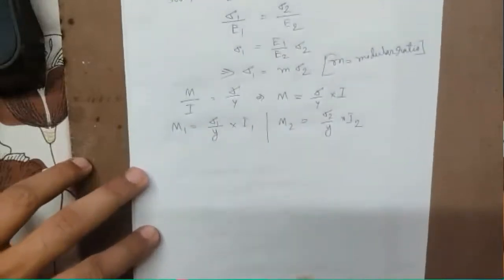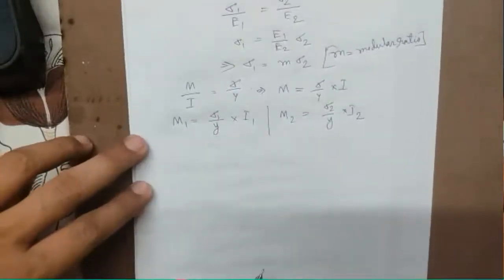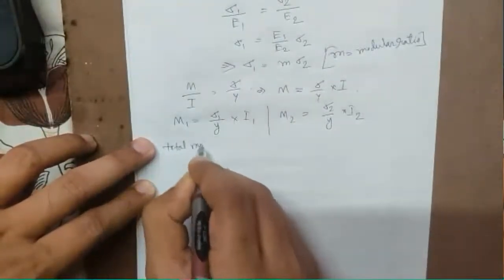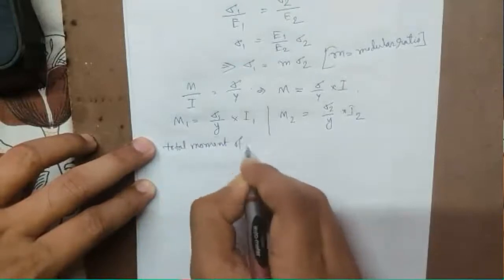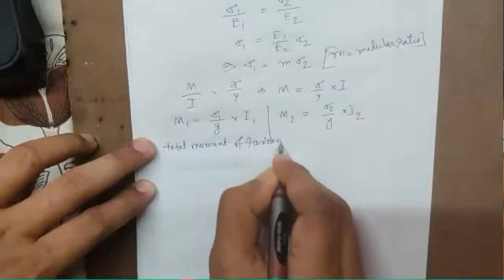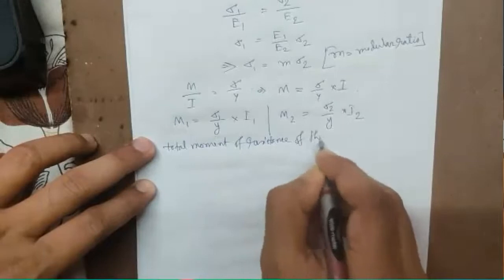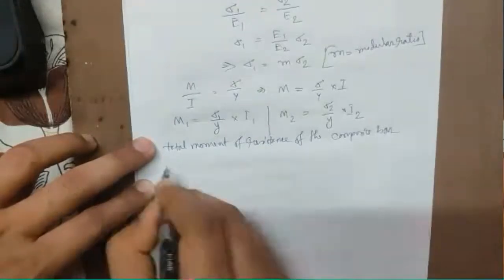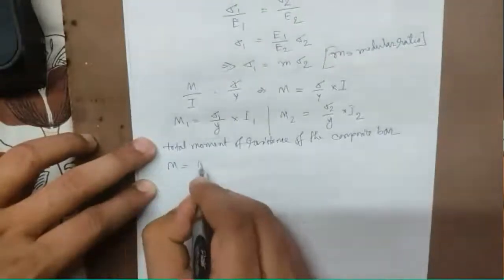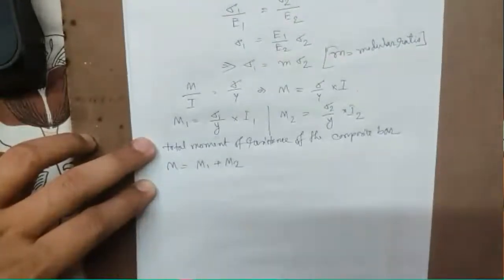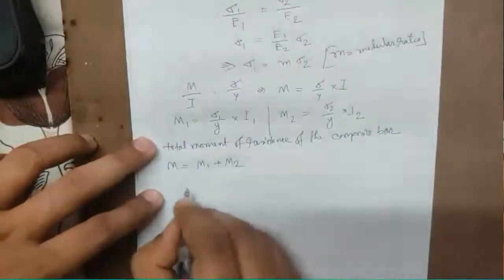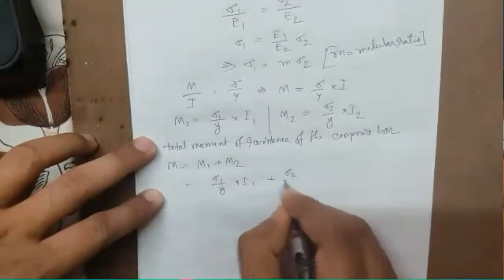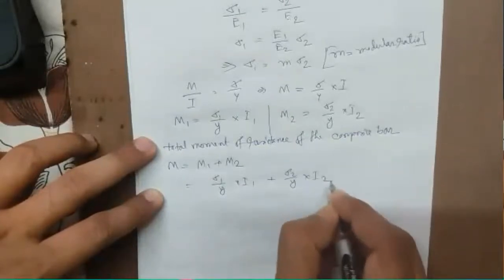So now we can write that the total moment of resistance of the composite bar, which is denoted as M, will be summation of M1 plus M2. We put the values, sigma 1 by y into I1 plus sigma 2 by y into I2.